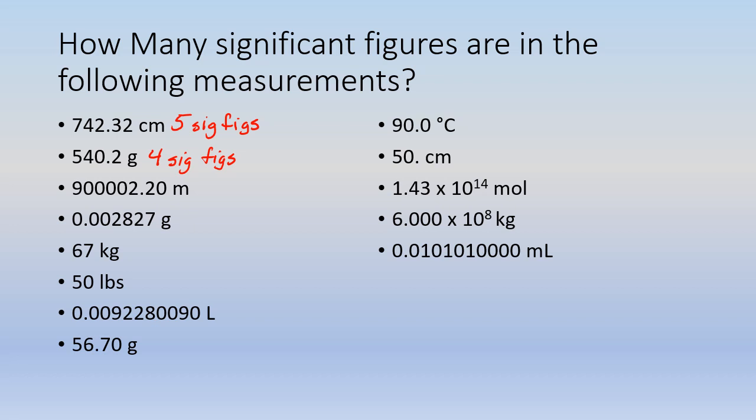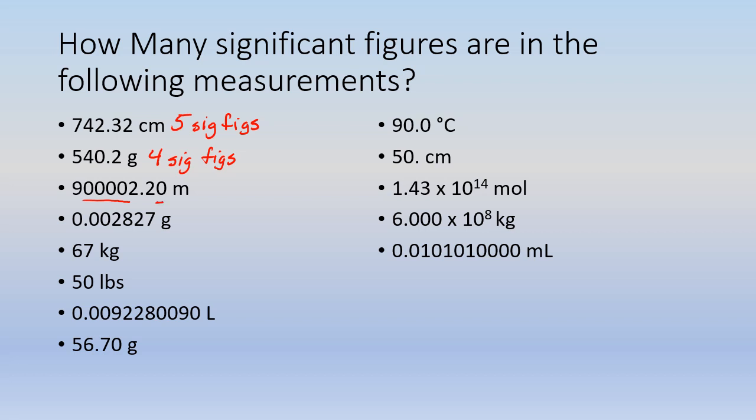One of the rules from the previous slide says that if they are between any non-zero numbers, then they are significant. And that goes for all of these zeros here. When we say, are they between, we mean anywhere to the left or the right of those zeros. If there are non-zero numbers, as there are in all these cases, all of these are between the 9 and the 2. So all of those zeros are significant.